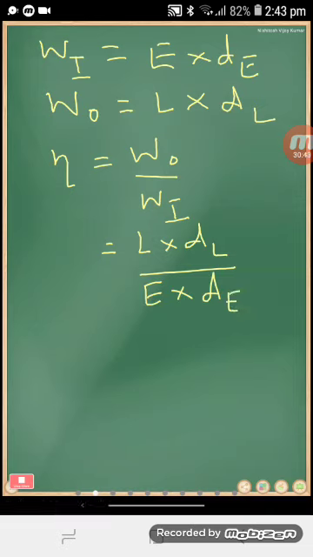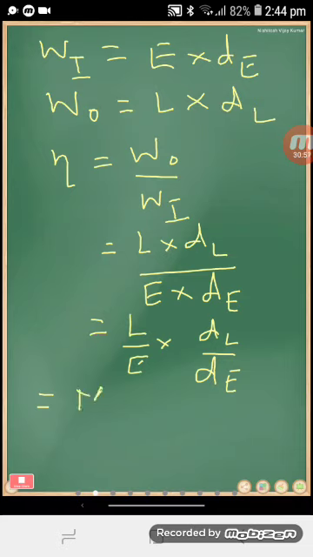This we can also write as L by E into dl by dE. Now we all know that L by E is the mechanical advantage, whereas dE by dl is the velocity ratio. So this we can write as 1 upon VR.